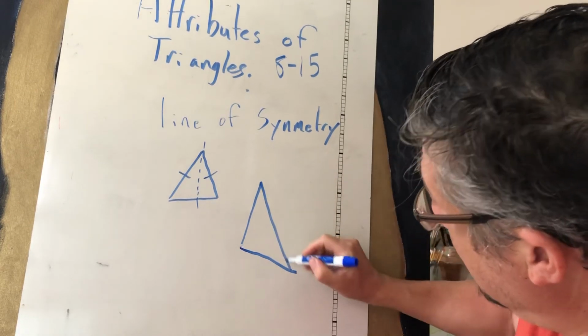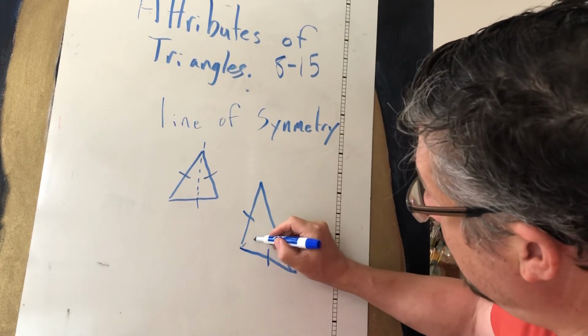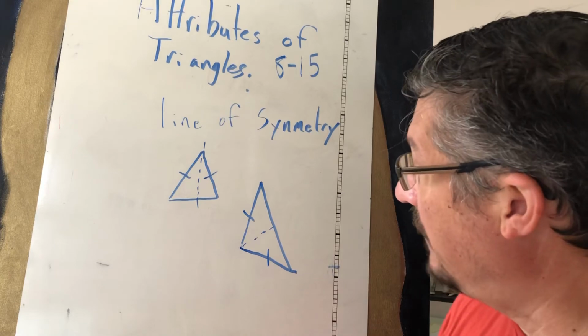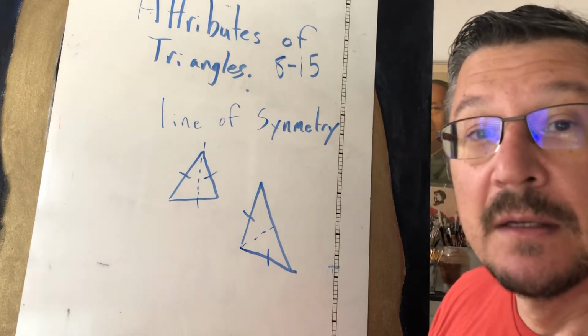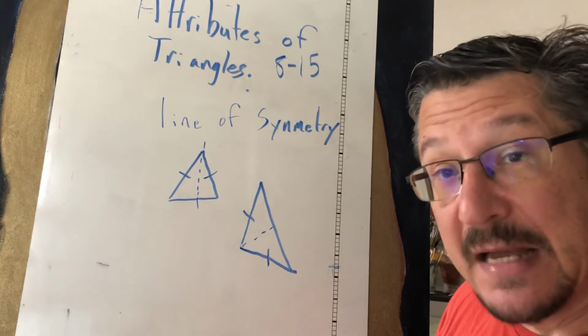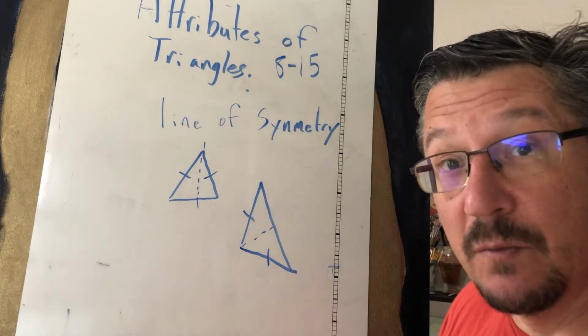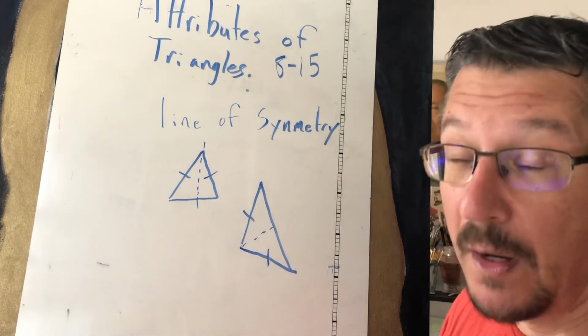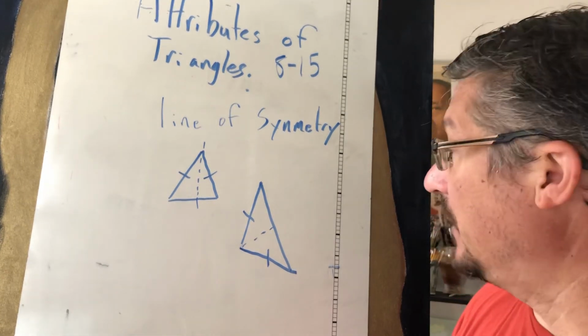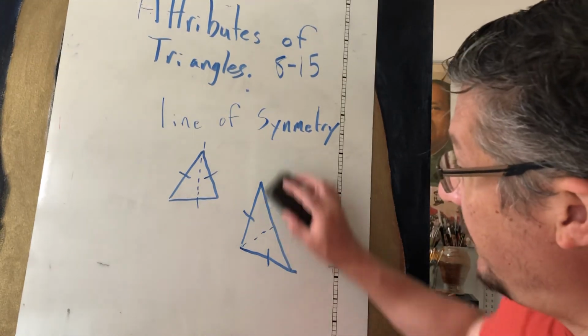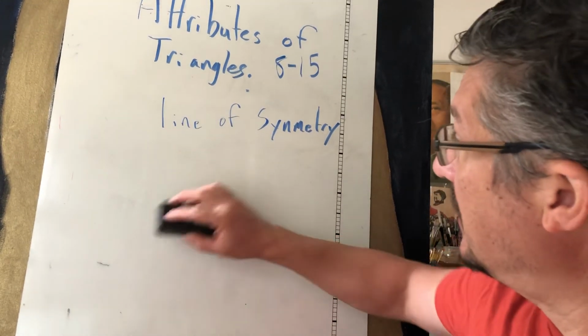If these two are the same, then we should be able to cut it there and fold it in half. So all isosceles triangles will have at least one line of symmetry, a line where you could fold it in half and the sides will be equal. That's a line of symmetry.